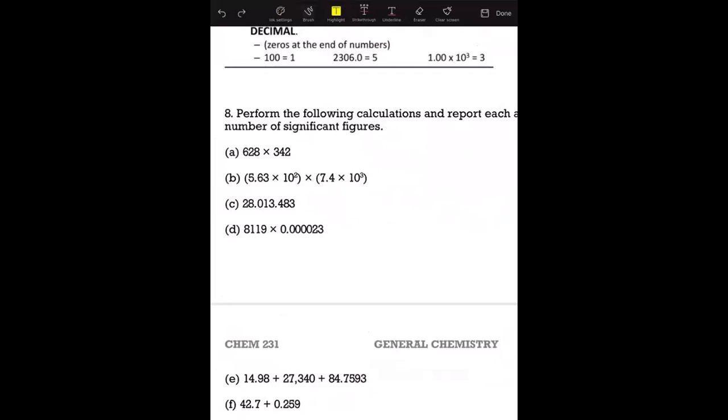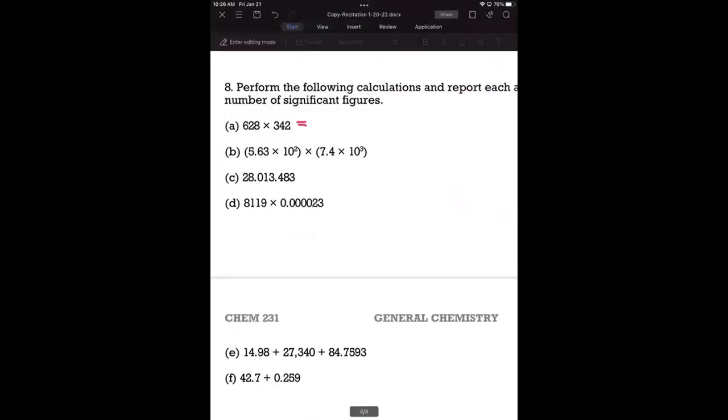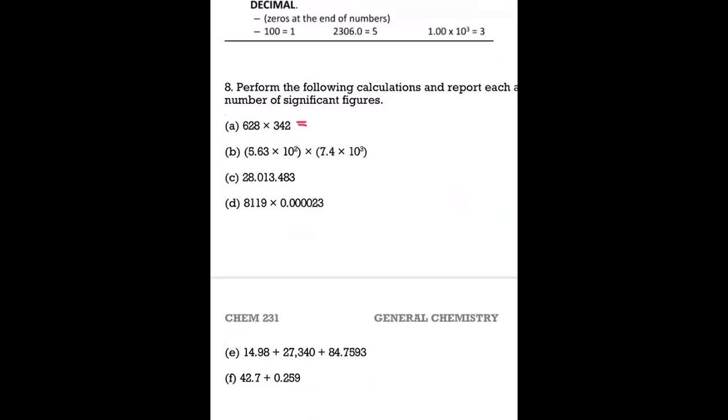I can tell you that because 628 is 6.28 times 10 to the second, and 342 is 3.42 times 10 to the second. So your answer is going to be in the 10,000s. All right. So somebody calculate this for me real quick. I'm going to put some room here.